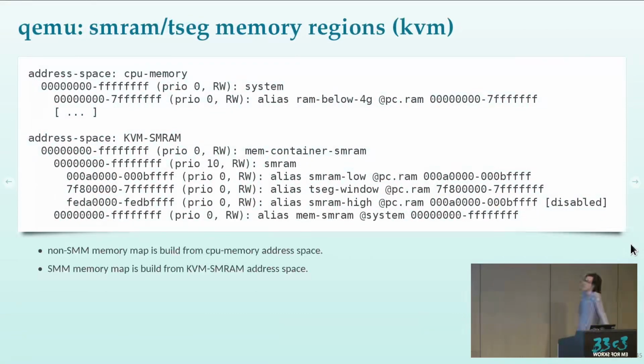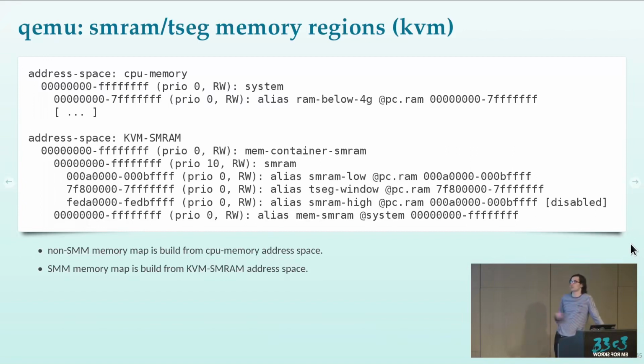So these are the address spaces in KVM mode. They look a bit different. We have two of them to generate those two memory maps. One is the CPU memory, which is just a normal system view, basically, for if you're not in system management mode.